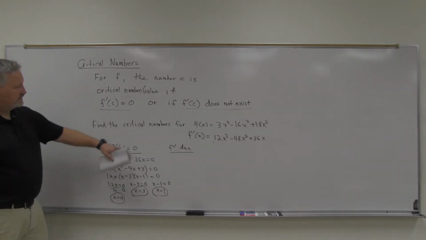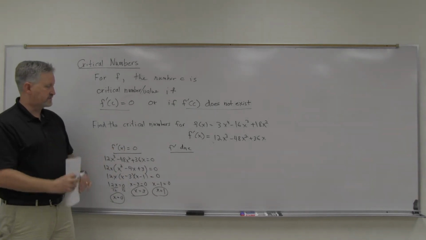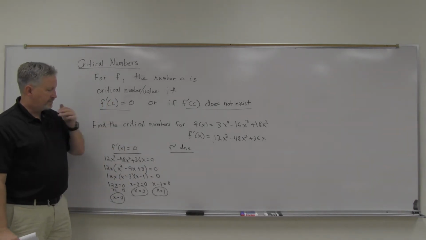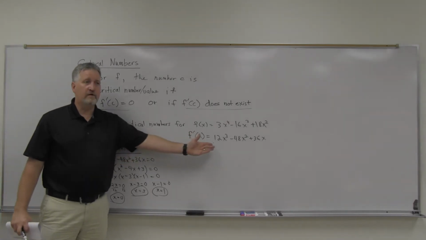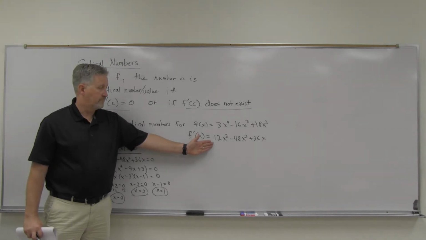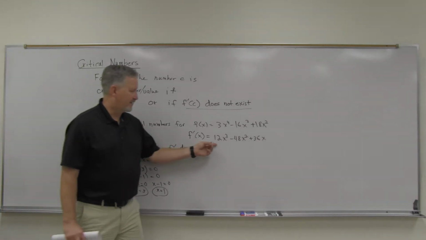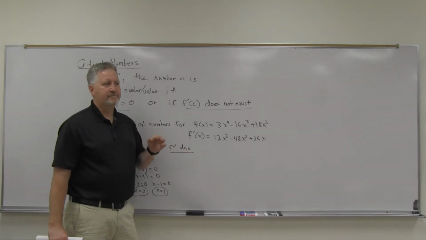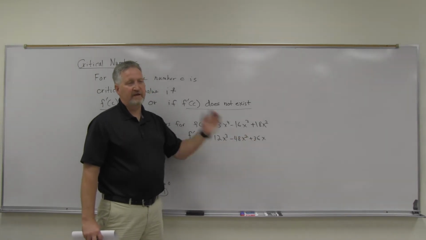And like I said, we need to consider it, but you won't always have both parts of the critical numbers involved here, because is there anywhere the derivative does not exist for that? No. What we'll be looking for mainly on the derivative not existing is denominator equals 0.